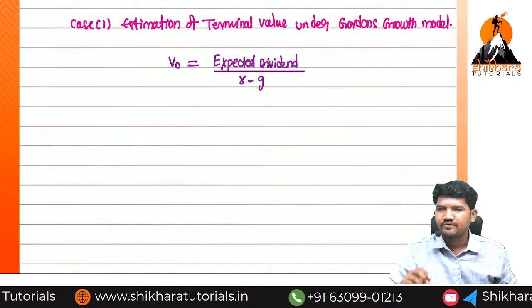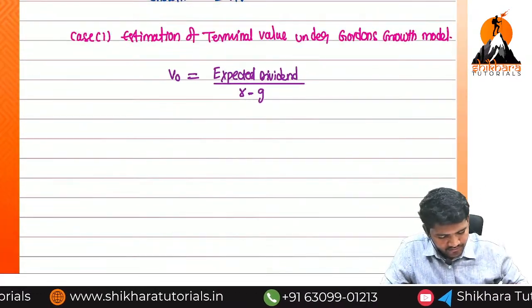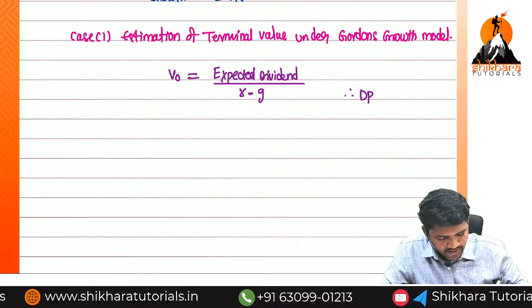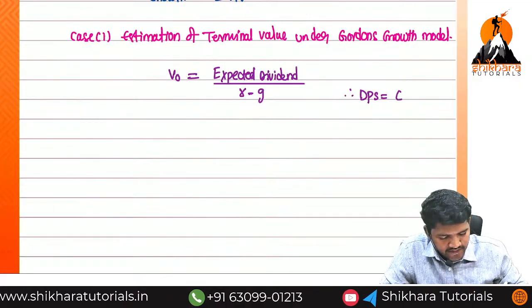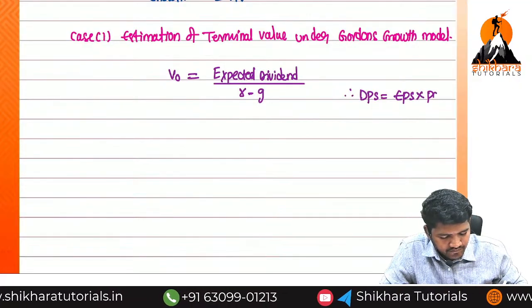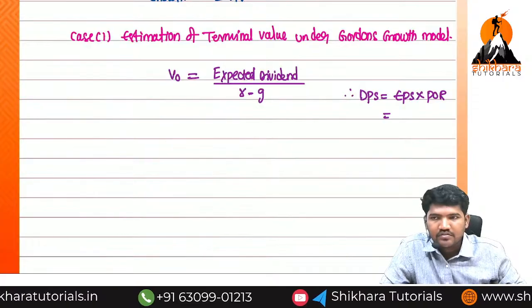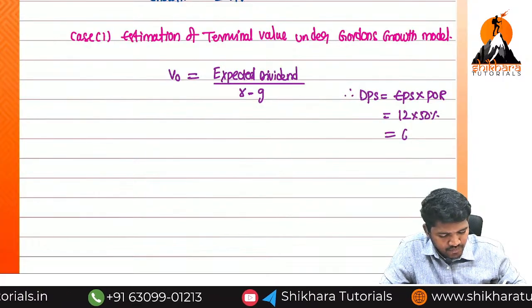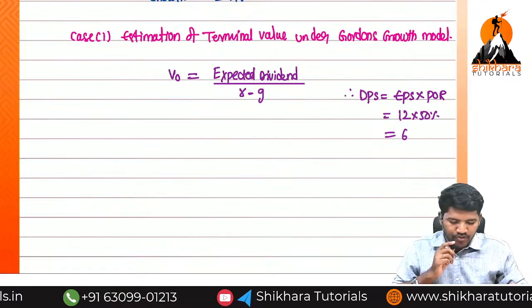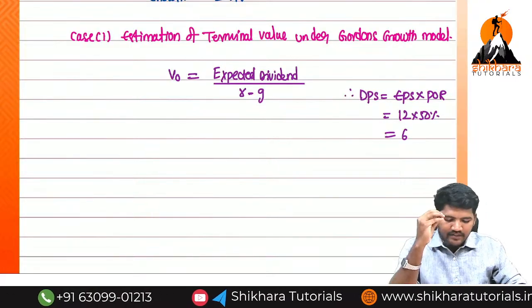Are you clear? Now note, first find the DPS. EPS into payout ratio. What's the EPS? 12. Payout ratio 50%. 6 rupees is the DPS. Now my question is, what is the numerator value?